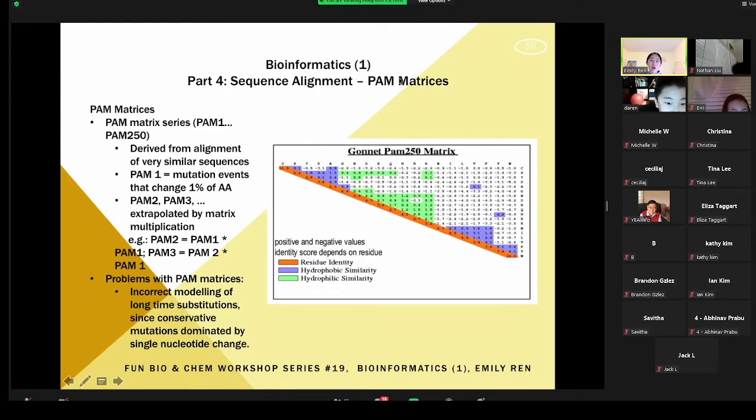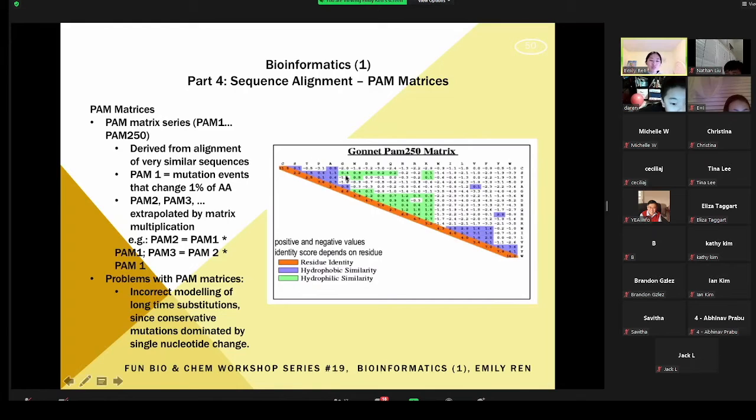Now for PAM matrices, these are derived from alignments of very similar sequences. So PAM1 is a collection of alignments that are from a mutation event that changed 1% of amino acids. PAM2, PAM3, and so on, they are extrapolated or derived by matrix multiplication.